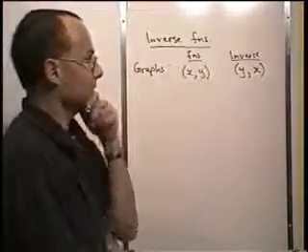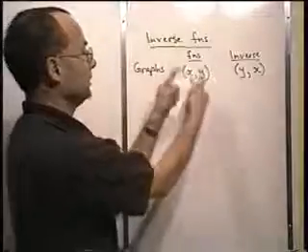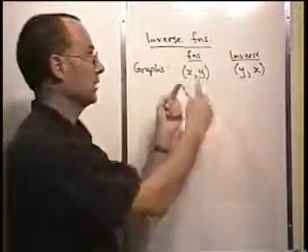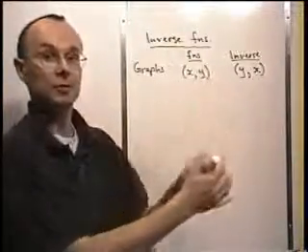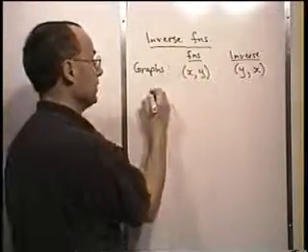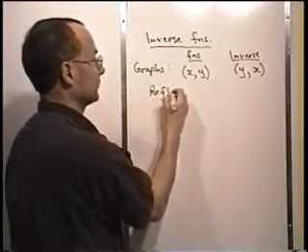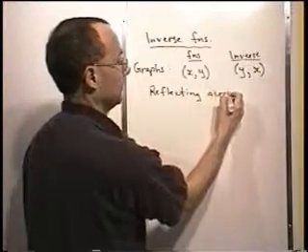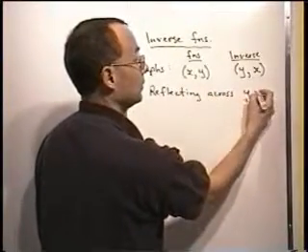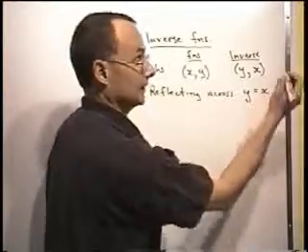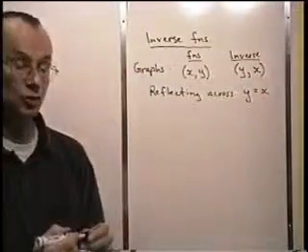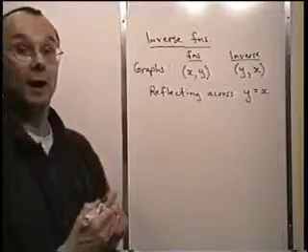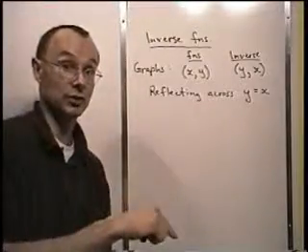The idea now is to look at this and say, hey, I'm kind of spinning around the x's and the y's. They're kind of unraveling themselves, and that has the following effect. Reflecting across a certain special line, y equals x. And that's how we get a nice graphical image of a function and its inverse.